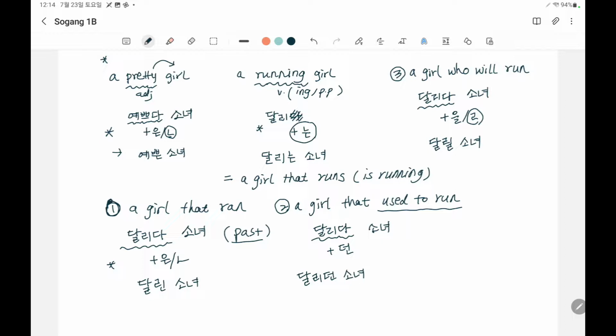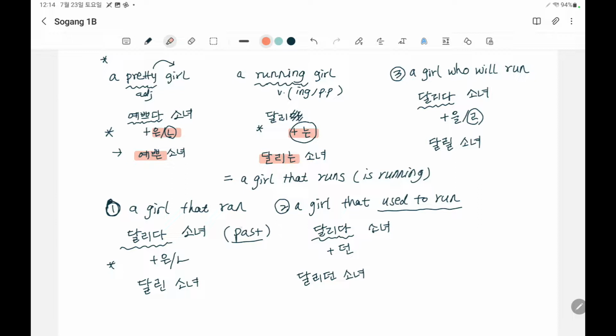Okay? 자, let me wrap it up. When the adjective wants to modify the noun next to it, we need 은 or 는. So it becomes 예쁜 소녀, for example. When a verb wants to modify the noun next to it, we need 3 different cases. First of all, present. Present, we need 는, regardless of the 받침. So it becomes 달리는 소녀.